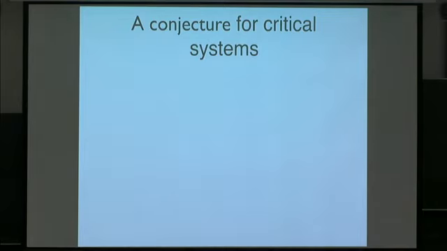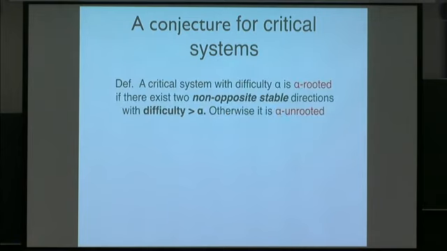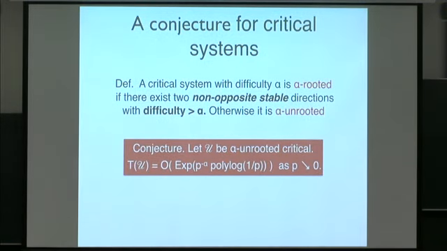So far I discussed the supercritical case and introduced this classification. Now, what about critical systems? We have to make a little distinction between critical systems that are alpha rooted or alpha unrooted. Maybe I'll skip this a little bit because there is little time.